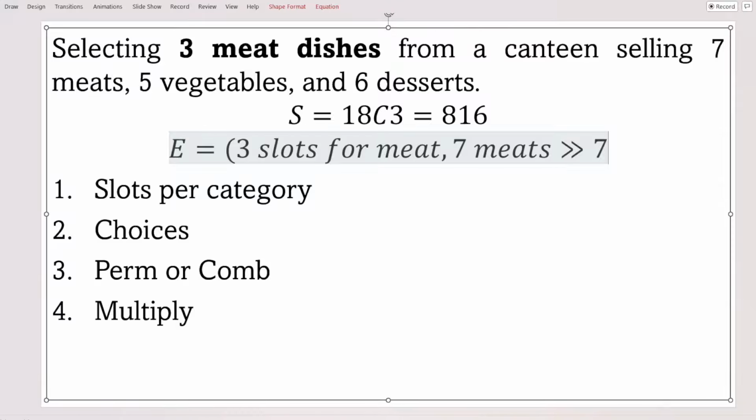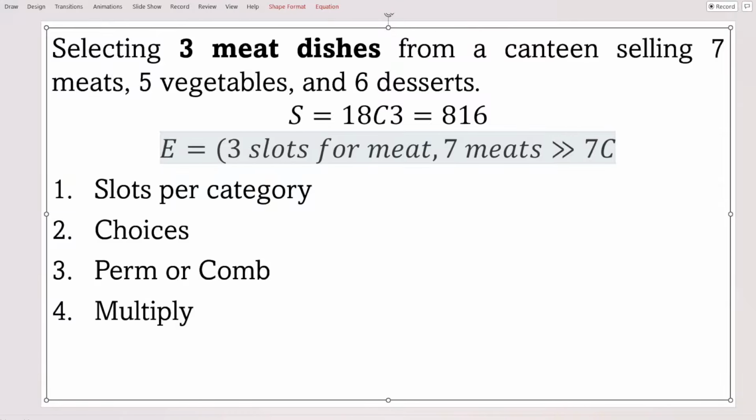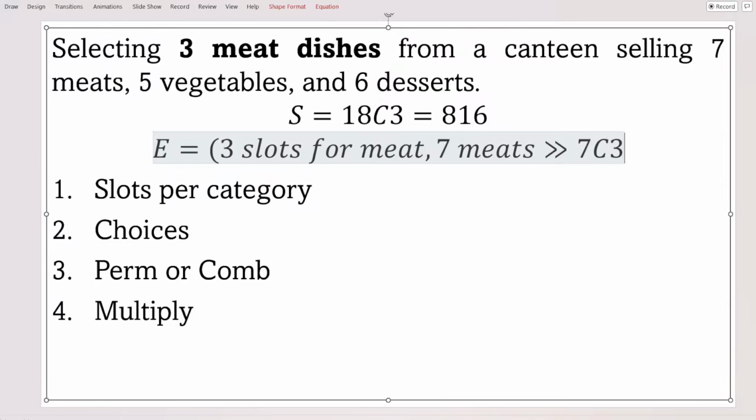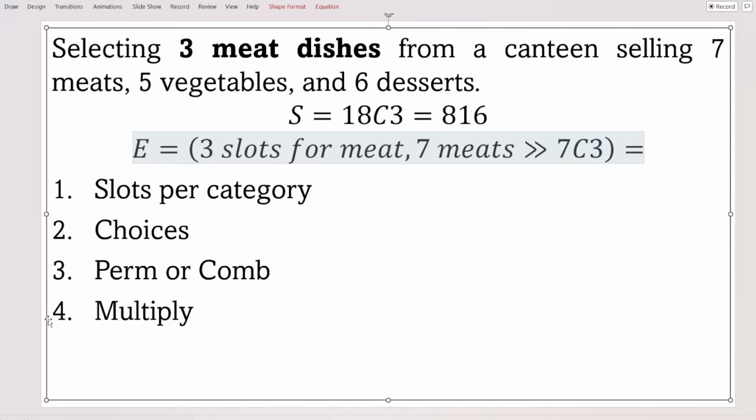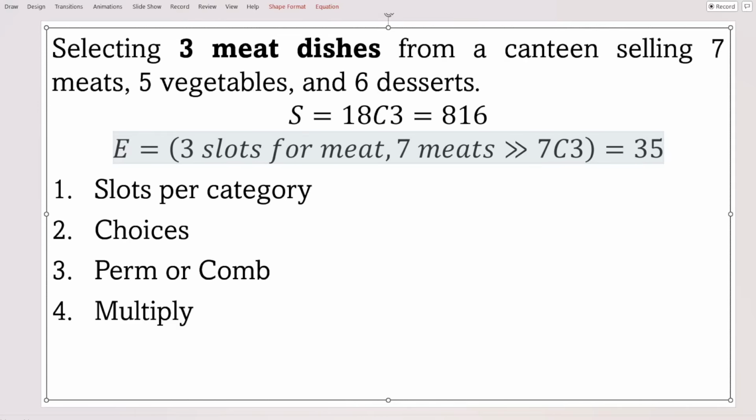This is a combination problem. So 7C3. That is what you will put in your calculator, wherein you will get 7 combination 3 is 35. Okay, so this is 35.